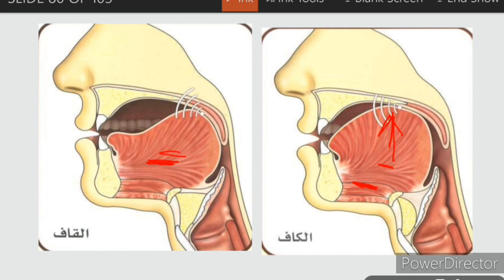Ka is the same as the K letter in English, while there is nothing similar to qaf in English sound, but it is so easy, inshallah, because it uses a part that we already use in the English language.